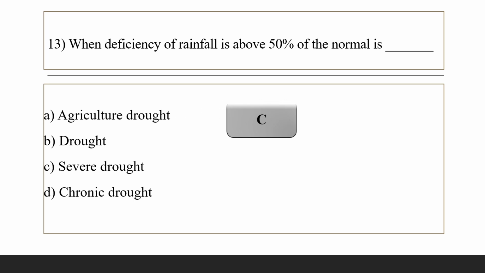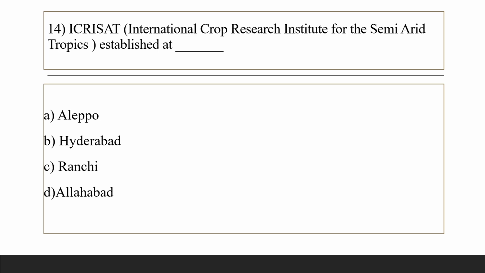Option C. If the annual rainfall is less than 75% of normal, it is drought. The International Crops Research Institute for the Semi-Arid Tropics was established at option B, Hyderabad.